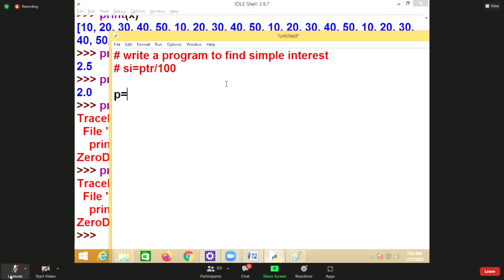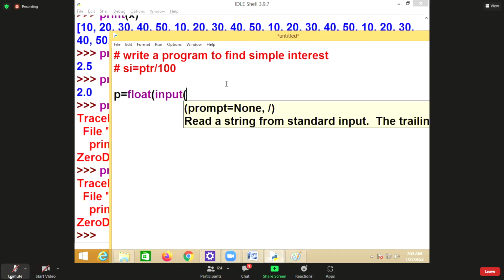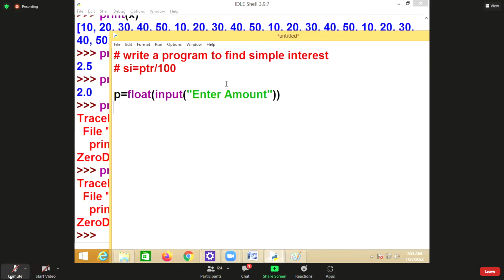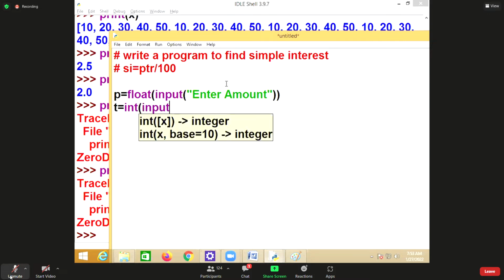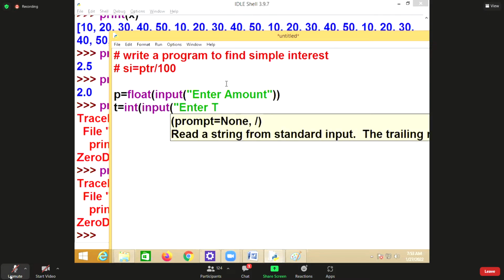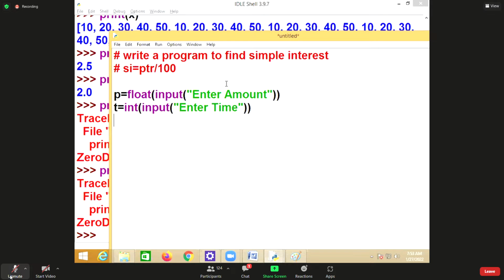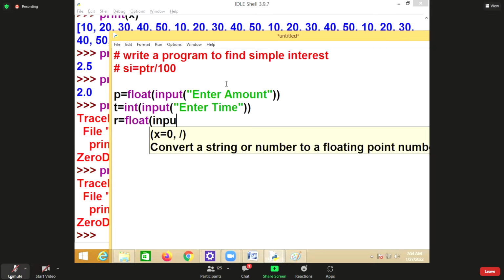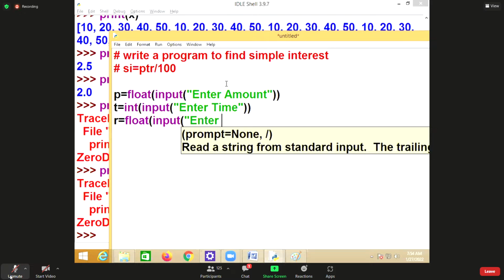So you have to enter the principal amount. I try to input the value, and I'm converting that value into float type. Enter principal amount. Then the second one is time; I'll take it as integer. Enter time, and then R equal to float of input rate of interest.